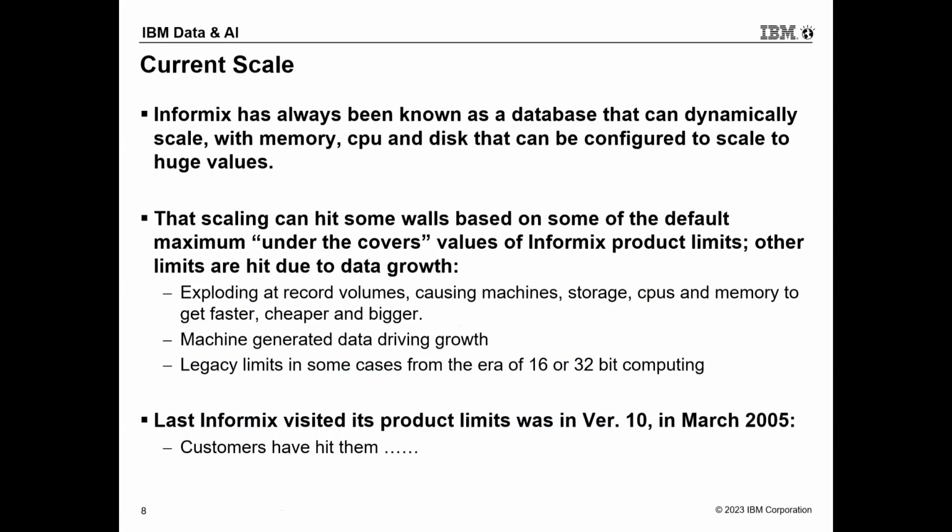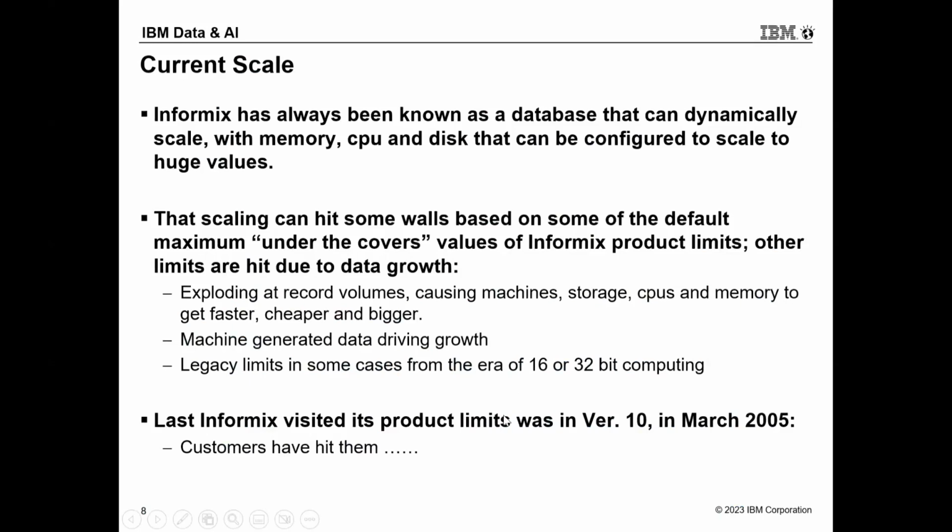Legacy limits in some cases from the era of 16 or 32-bit computing have been hit. When did we last change our product limits? Way back in version 10, March of 2005, and recently, customers have been hitting them. For example, the maximum number of pages in a partition is the one that seems to be hit the most.